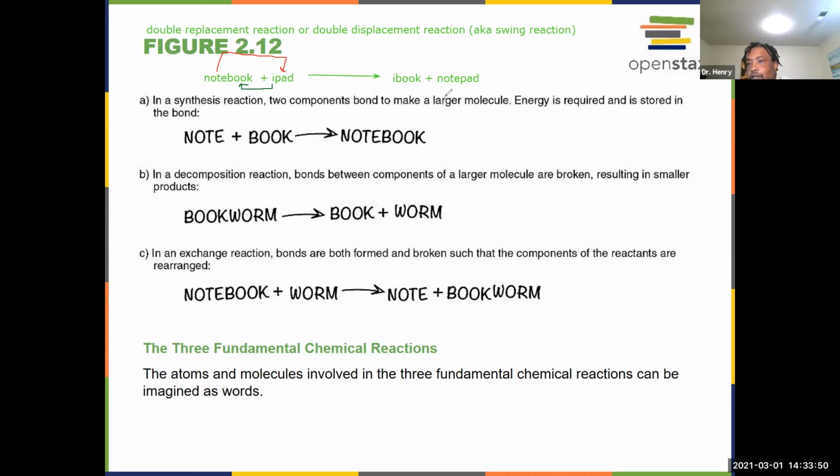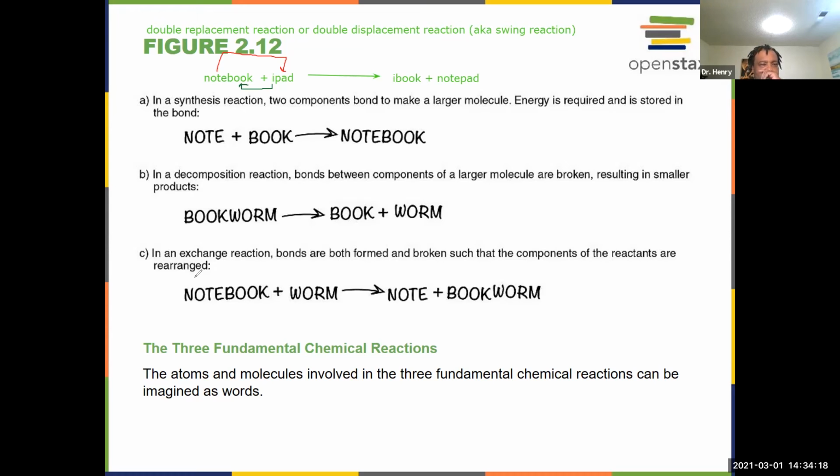Okay, so four chemical reactions. There is a question: is there a common pattern to these reactions? I'm not sure what you're asking me, but basically these three occur commonly.